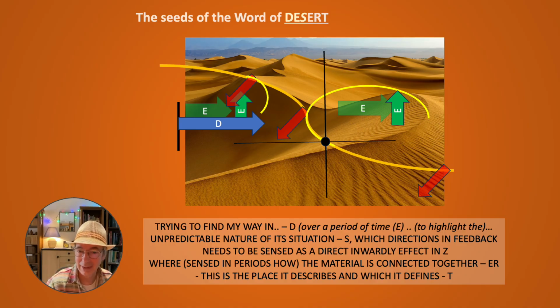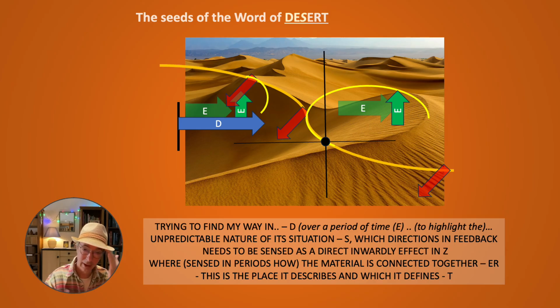And the S shows that it has an unpredictable nature, and why it doesn't have a steady point is of course like the sand, and you have to have a certain feedback to sense how this inwardly moves and moves in conditions and has different conditions, and we will try to sense the effect of how it behaves. And it's also there where the material behaves towards it and is connected together via the R. Over a certain time it moves and changes and so on.